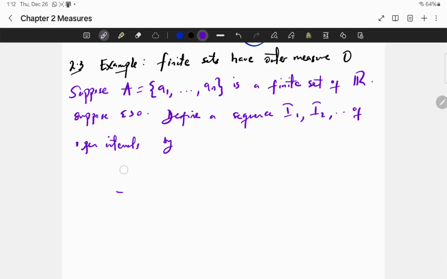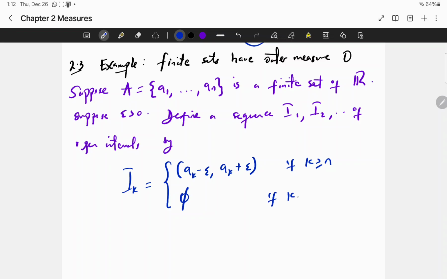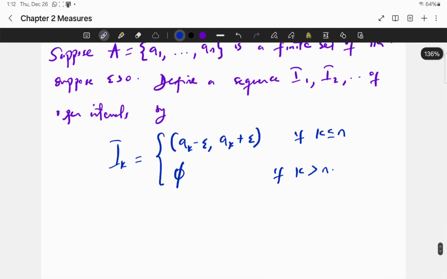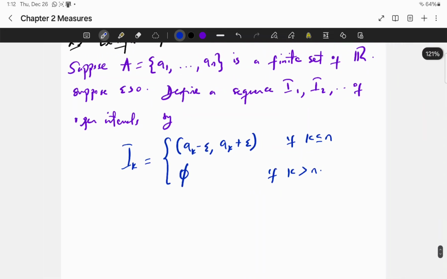So IK equals (AK minus epsilon, AK plus epsilon) if K is less than or equal to N, and it will be empty if K is greater than N, because we are already considering a finite set. So you can see vividly that this sequence of open intervals actually covers our set A.